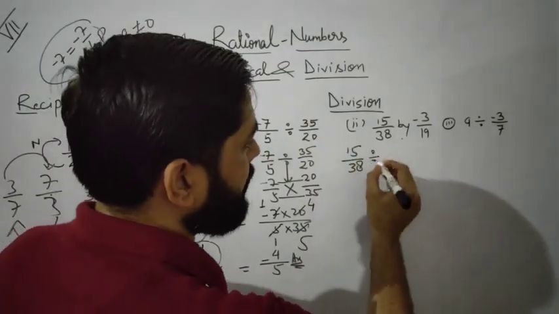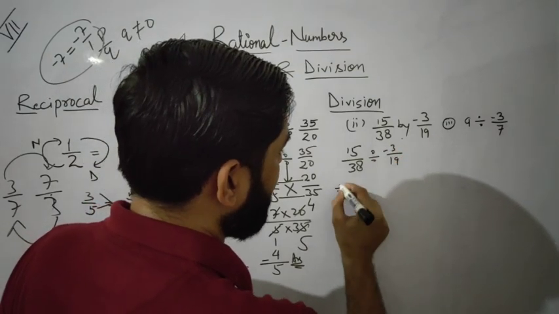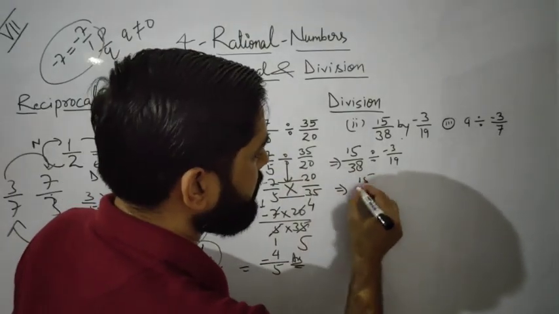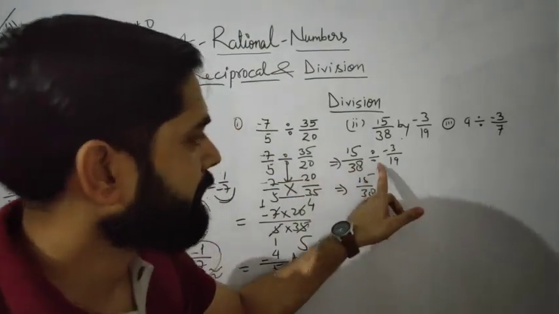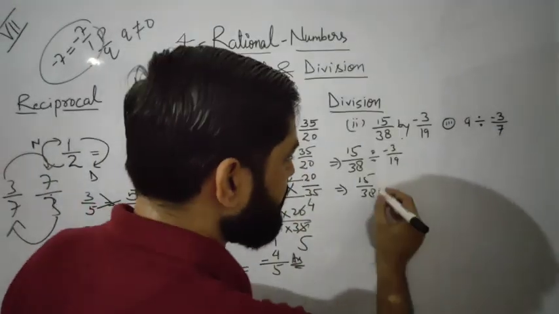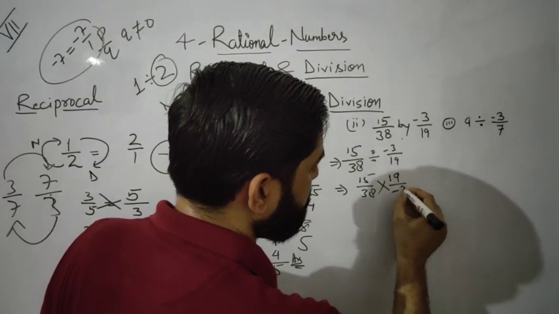So now the division sign, then minus 3 upon 19. When we write the second step of this question, then 15 upon 38, then division we can write as a multiplication, and then 19 upon minus 3.